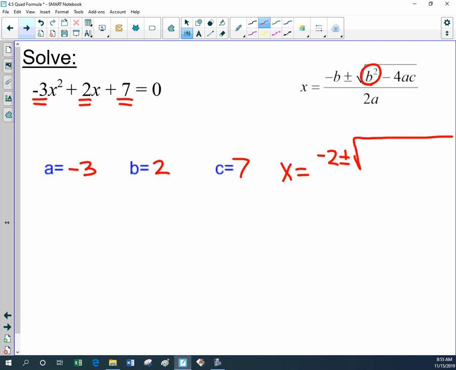So what is B squared going to be? B squared is 4 minus 4 times A times C all over 2 times A, which is 2 times negative 3.